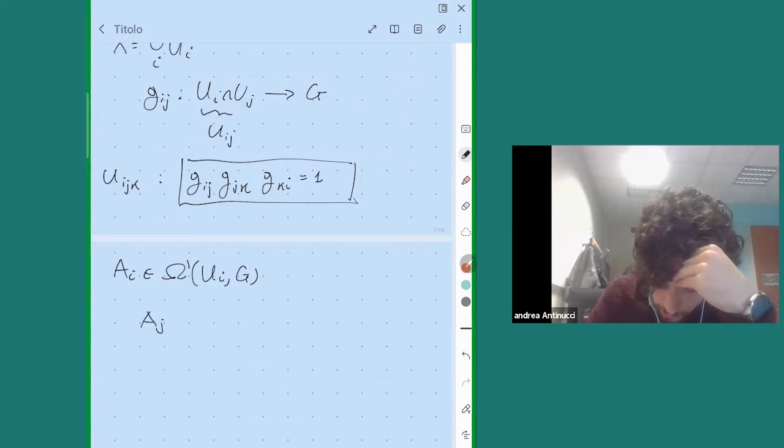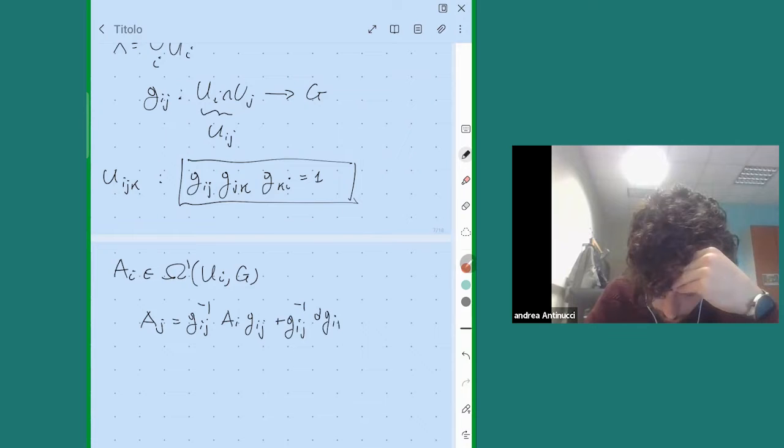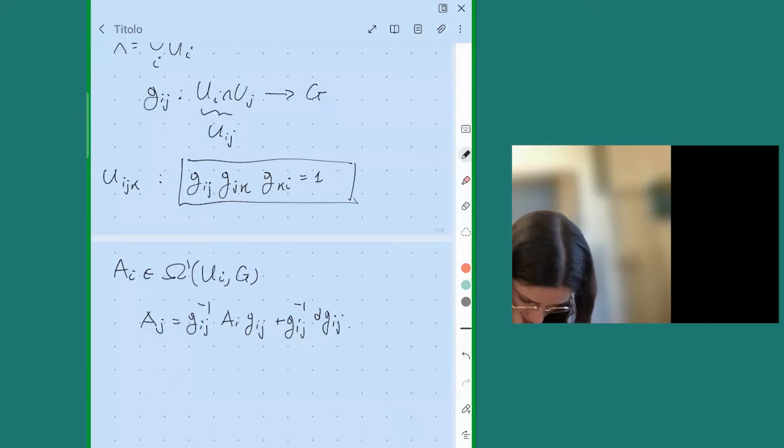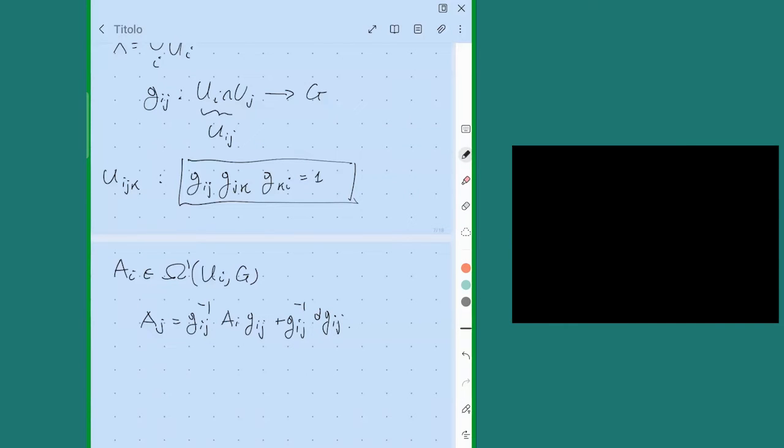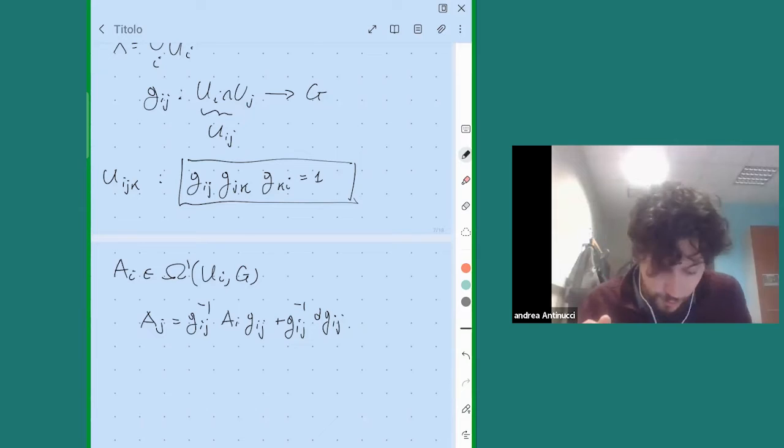They must glue in this way using the transition functions. And importantly, this equation that I wrote must not be confused with a gauge transformation. This is just a defining condition for the field.